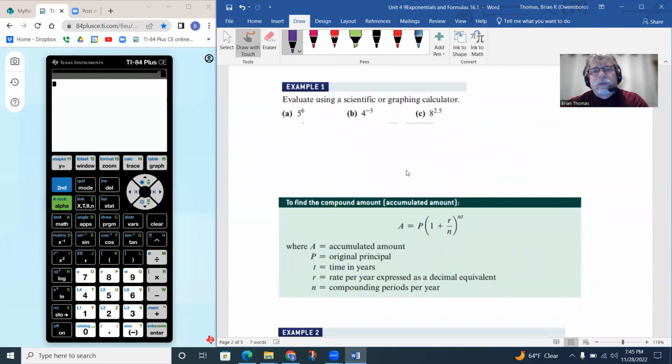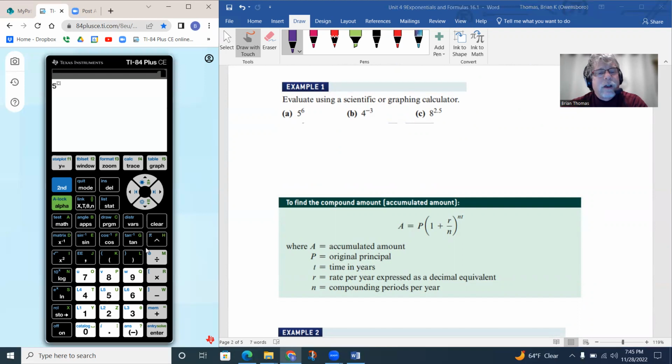One of the things you'll be doing in this section is working with the calculator. So let's make sure we can do 5 to the 6th power, 4 to the -3rd, and 8 to the 2.5. So 5 to the 6th means 5 times 5 times 5 times 5 times 5 times 5. That gets rather big in a hurry.